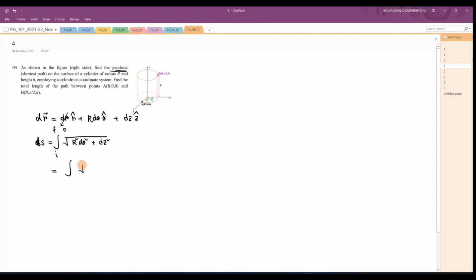So your equation will become like this: R square theta prime square plus 1, if you take your dz out. Now you again have to integrate. You again check like this. I am writing in terms of theta, so in place of t, we write theta, z prime. Luckily we do not have z, we do not have theta in our functional.